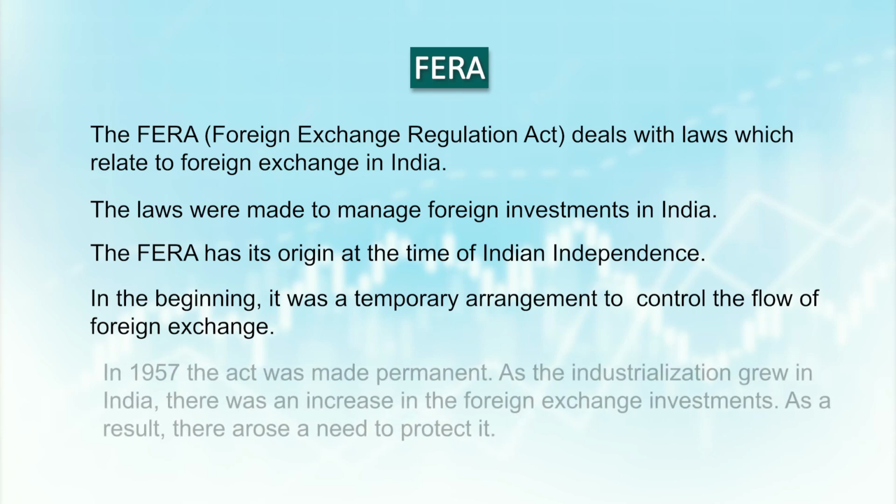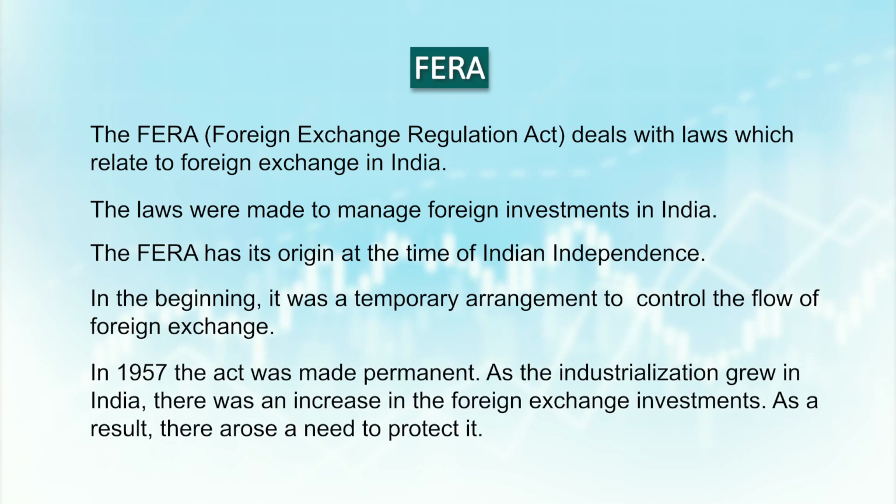So in 1957, the act was made permanent, and as industrialization grew in India, because that was the major policy taken up to revive the economy from the vicious trap of poverty and underdevelopment. In 1956, the iron and steel industry was set up, and that was taken up through a heavy industrialization package when there was an incentive to increase foreign exchange investments.